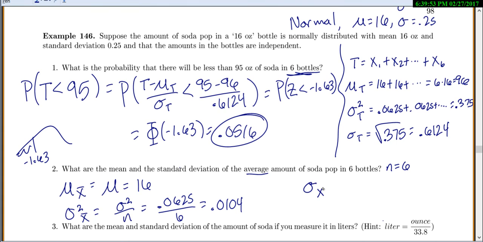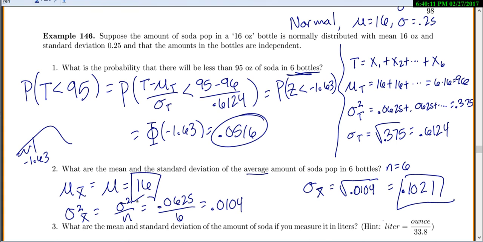And to find the standard deviation for X bar, you'll do the square root of that, which is 0.1021. Okay, so we found the mean and standard deviation for the average. And then if you wanted, you could go ahead and find probabilities just based on what we're doing. Instead of T's, you would just have X bars and everything would go on exactly the same.